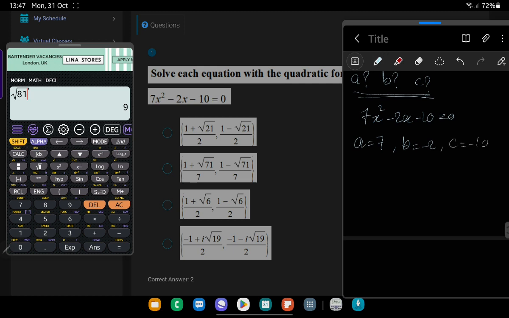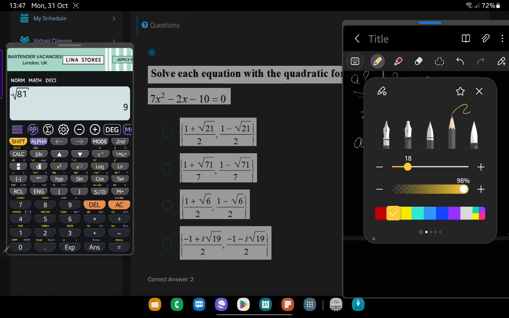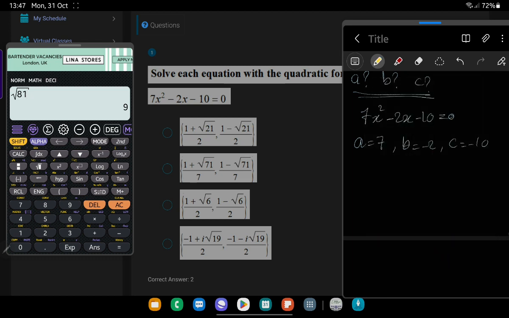Before you start, I need you to divide the answer into two parts. The first part is knowing the discriminant, and knowing how many solutions and the type of the solutions. We do this by b squared minus 4ac. This will let you know whether you have two real solutions, two imaginary solutions, or one real solution. So b squared will be negative 2 in brackets squared minus 4 multiplied by a multiplied by c, and you can do this by the calculator.